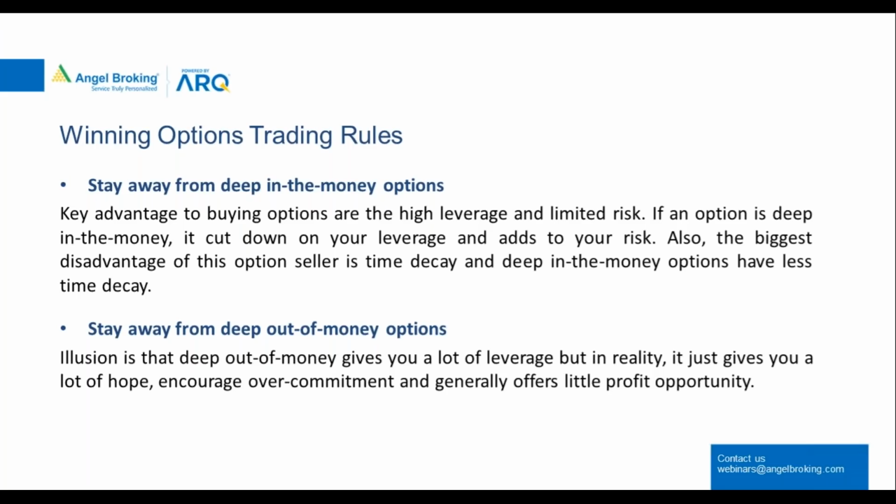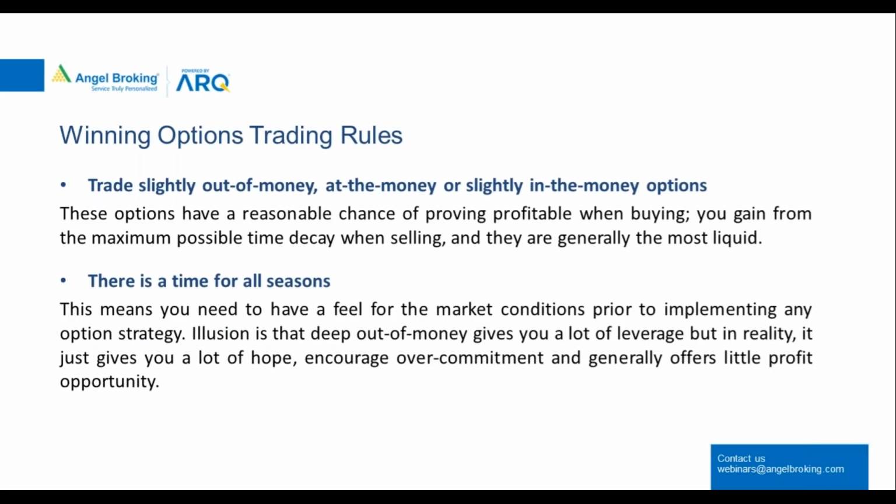These are deep in the money options, and out of the money options will be 8,450, 8,500, 8,550, and you'll find that even 9,050 options are available. Though they are deep out of the money, there you will find that the option premium that you pay is very less. So you need to be careful when you are buying options. You should avoid buying deep out of the money options.